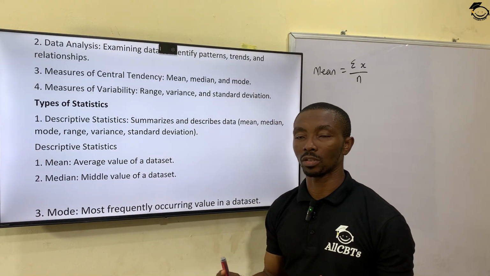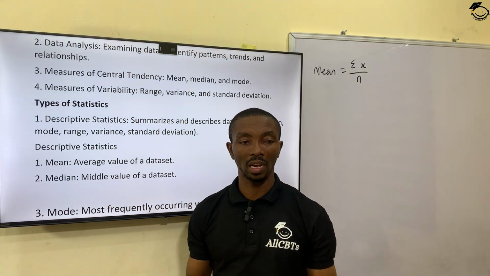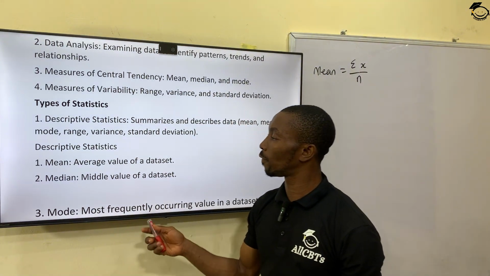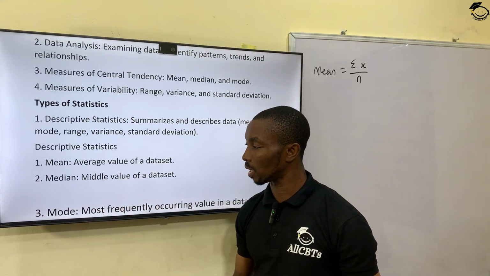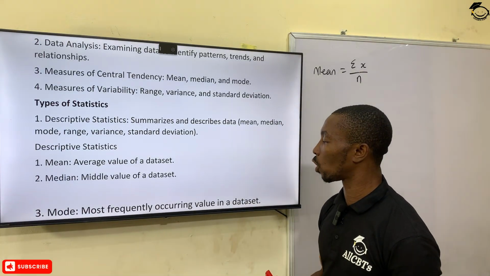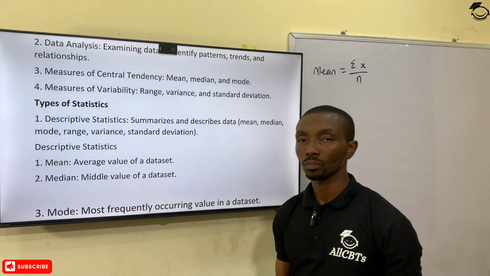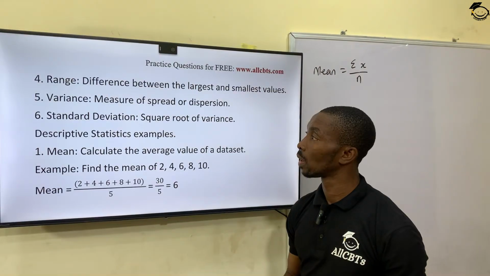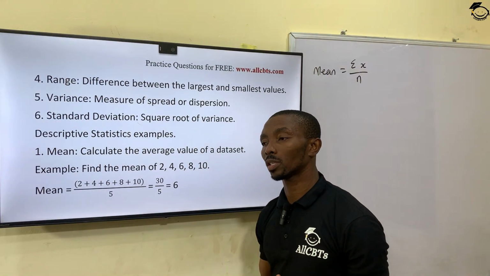So when we have a set of data, it must first be arranged in order, either ascending or descending, before we can find the middle value to give us the median. And mode is the most frequently occurring value in a set of data. Next we are looking at range.